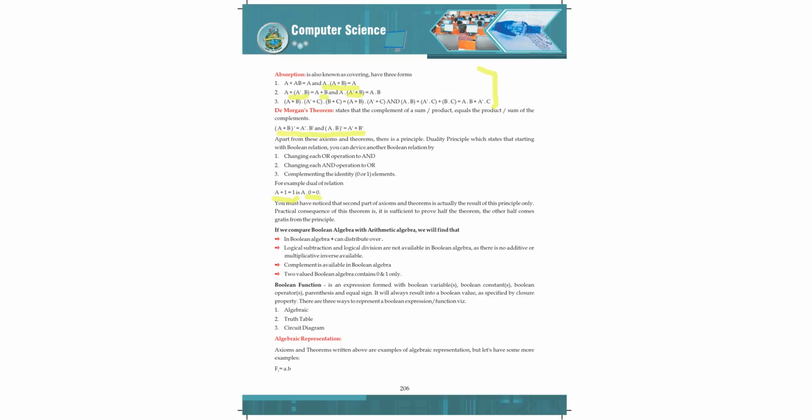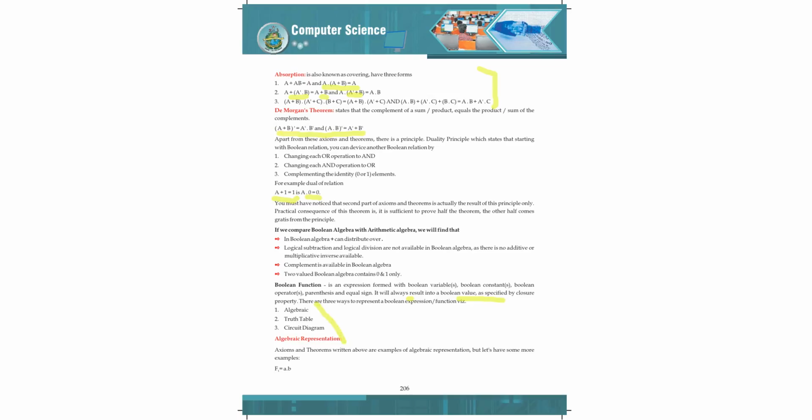Now comes the Boolean function. A Boolean function is an expression formed with Boolean variables, Boolean constants, Boolean operators, parentheses and an equal sign. It will result in Boolean values as specified by closure properties. Okay, and there are three ways to represent a Boolean expression.